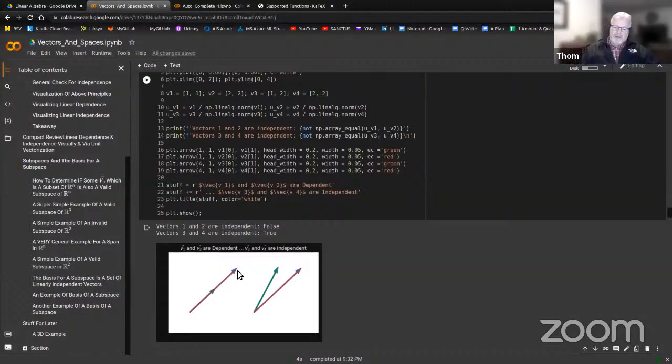Now, the way I want you to see this now is, well, if these are laying right on top of each other, clearly I could multiply this one by some value C in the real number set to make it equal to this one, or I could multiply this one by some real value C in the real number set to make it equal this one.